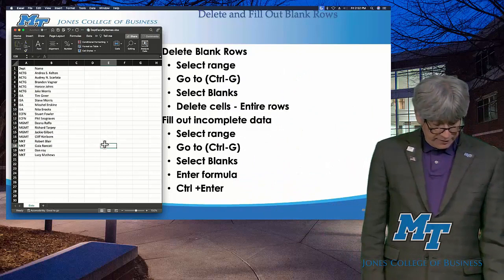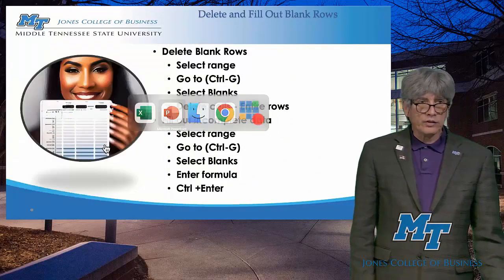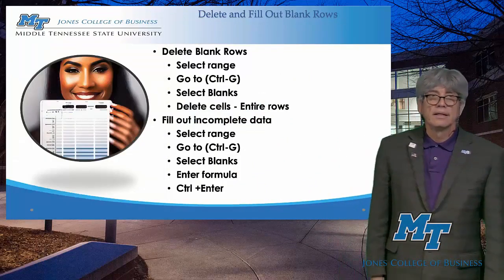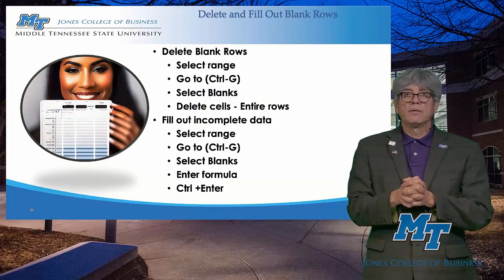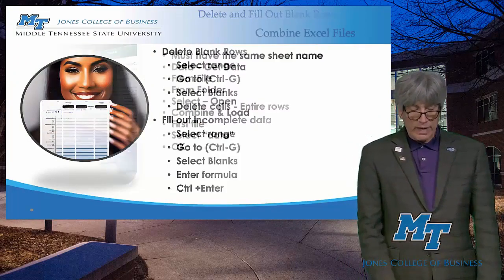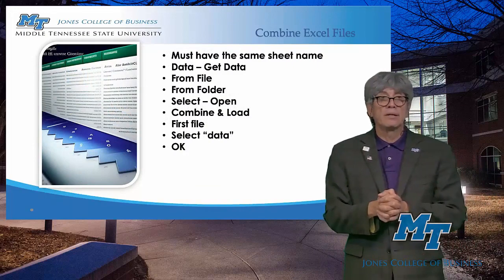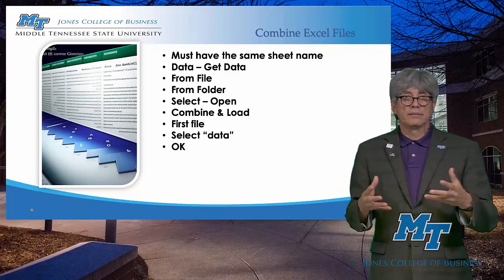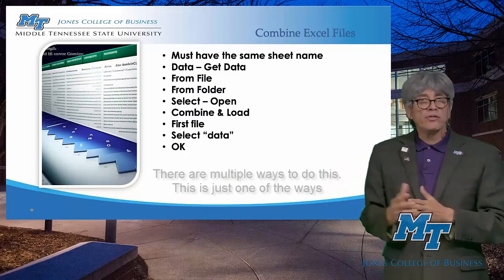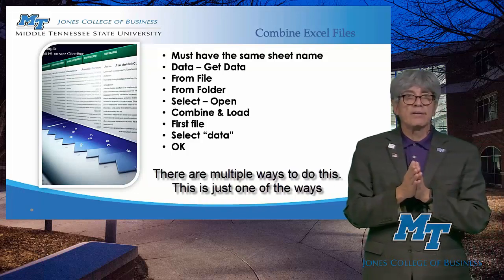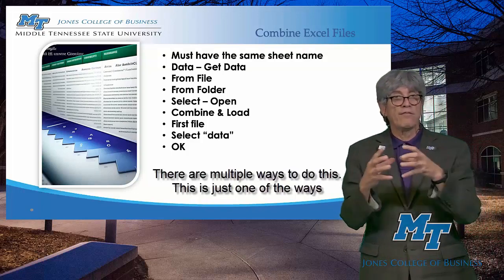So that's the first trick. The second trick is how to combine multiple files in Excel. There are certain conditions for this. One of the main conditions is that the files should reside in the same folder.